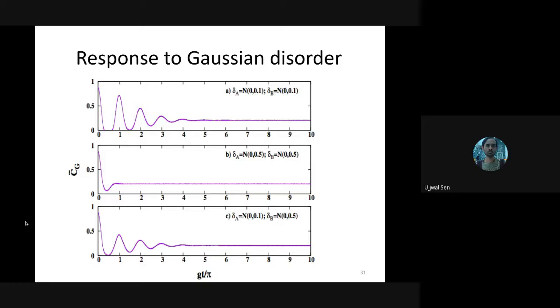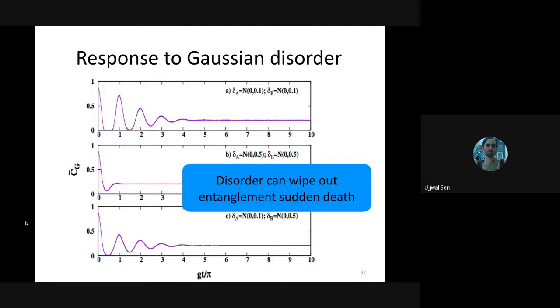And if you put in a stronger disorder, as you see in the middle panel, then the entanglement sudden death phenomenon disappears completely. So what we have here is that disorder in the interaction strength can wipe out entanglement sudden death.